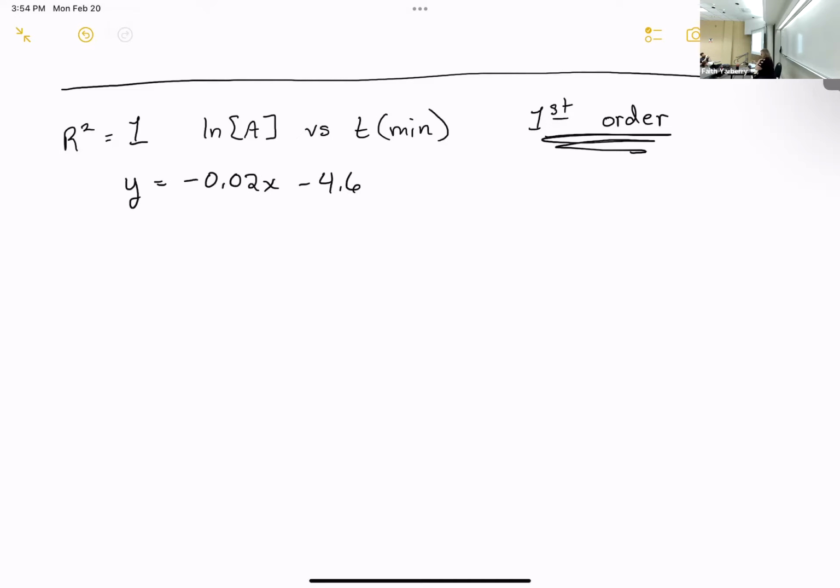And that graph gave the equation y is equal to a negative 0.02x minus 4.6. Now, folks, since this is first order, that means that the natural log of concentration at a given time is equal to a negative k times time plus natural log of A naught.